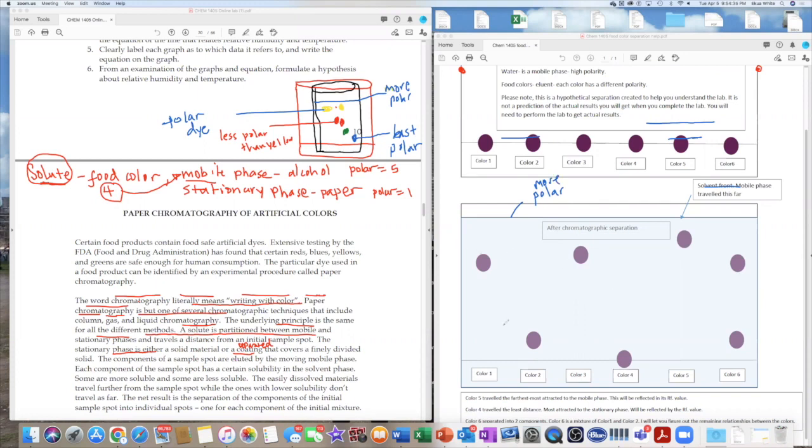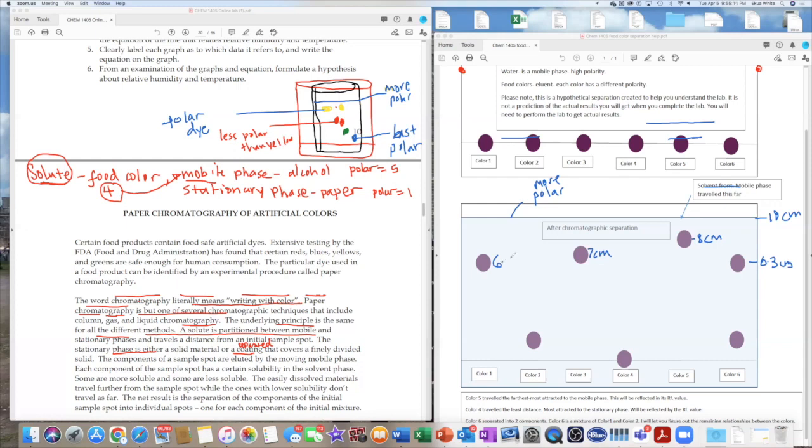So looking at this right here, when you want to figure out the RF value, I need to have numbers. So let me go ahead and assign numbers just for the sake of it. Let's say this mobile phase has traveled 10 centimeters, okay? I'm just giving it a made up number. And let's say this one here has traveled 8 centimeters. Then I have 7 centimeters. Then here I have 6.3 centimeters.